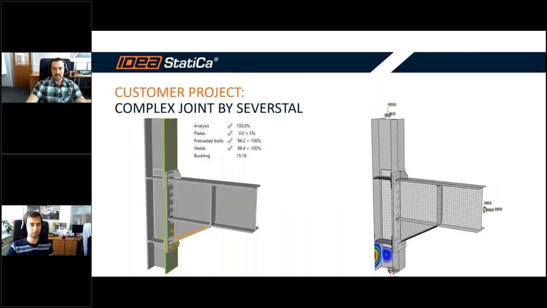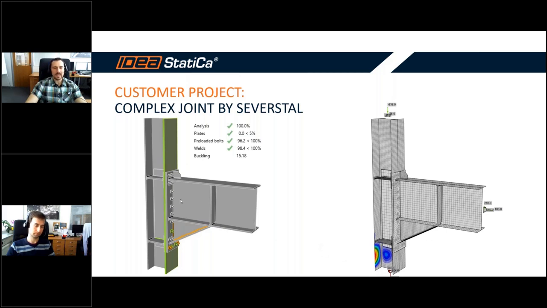In the first part of our webinar, we will go through a complex joint provided by the company Severstal. You can see this is a really very nice joint with a lot of stiffeners.